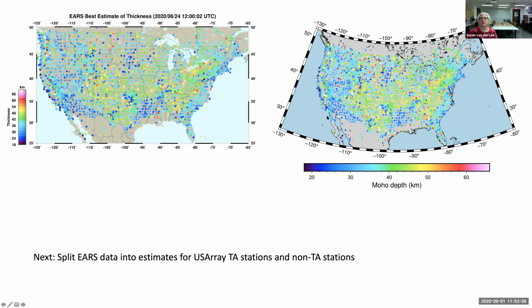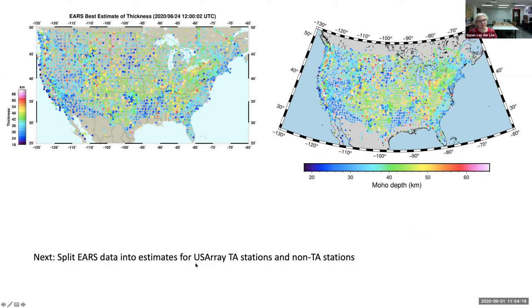Anyway, so the gridding will deal with all these incompatibilities. And it will also fill in gaps. For example, it will tell us some information about Canada that may or may not be correct, or about Mexico that may or may not be correct. However, we are going to split this whole data set into two different data sets.